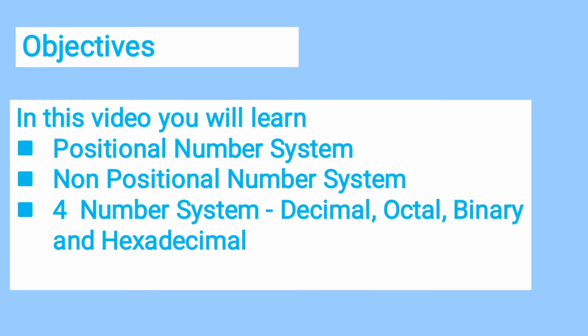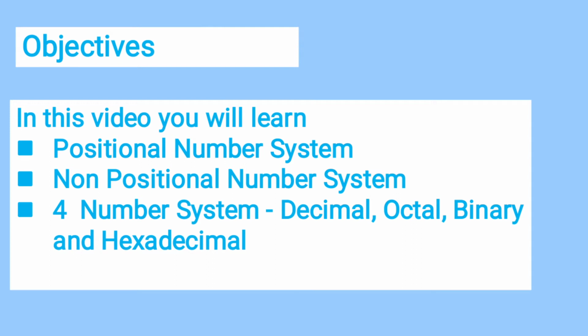In today's video I am going to talk about the two number systems. In my previous video I have already explained what a number system is. Going ahead with the same topic, I would like to say there are two types of number system. One is called positional number system and the other is called non-positional number system.